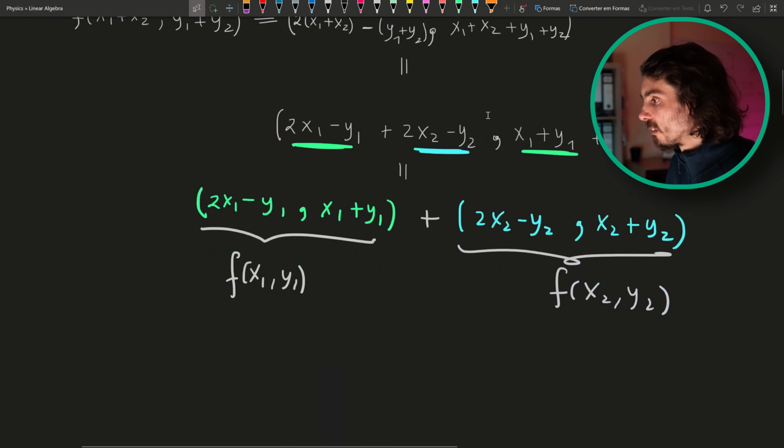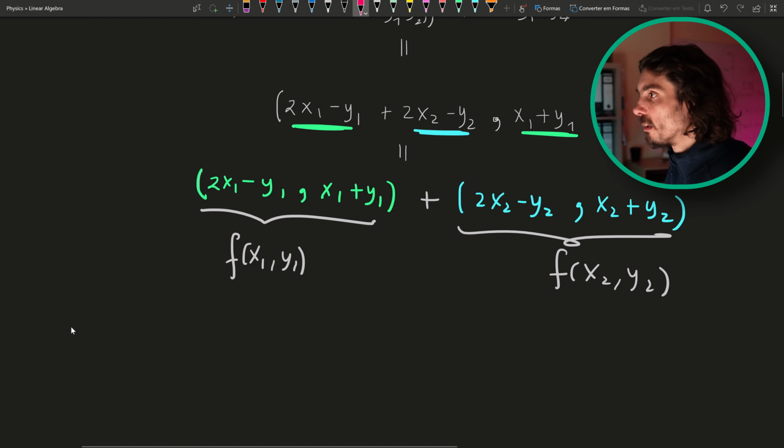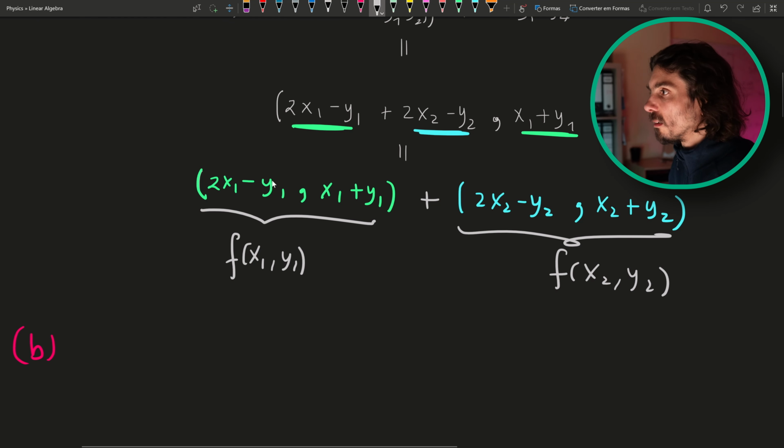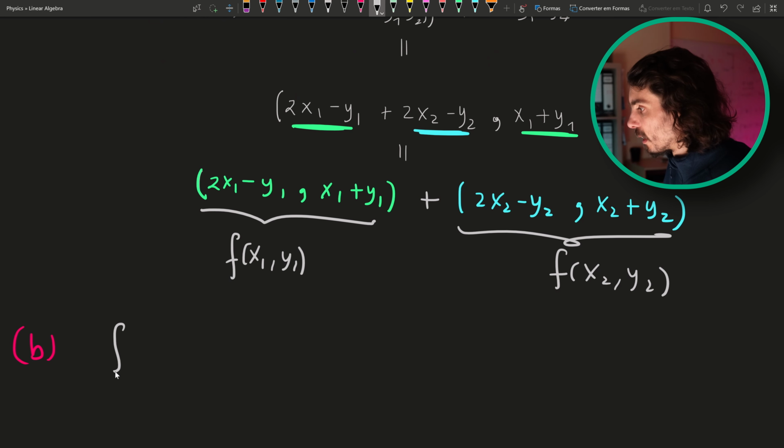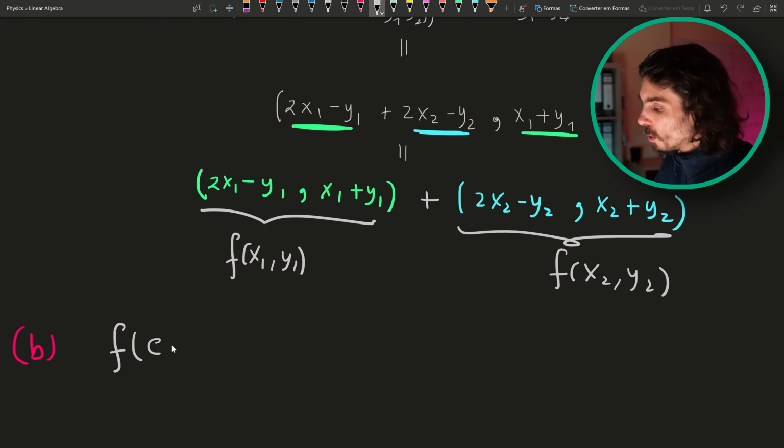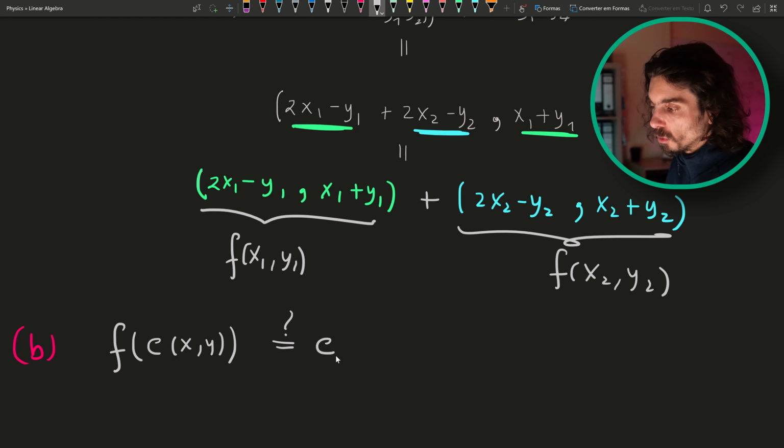So let's check the property B. B says what? Is it true or is it false that f of c times (x, y) is equal to c times f(x, y), where c is whatever number it is?